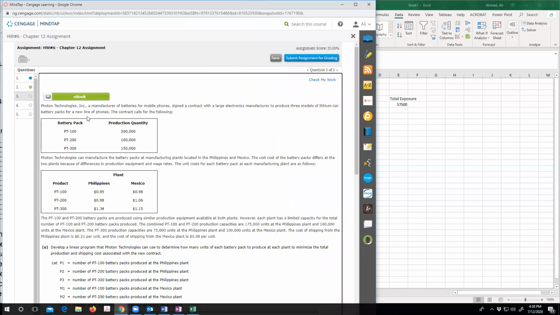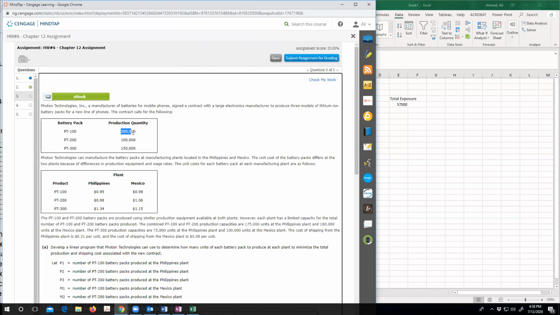So this company is trying to manufacture some batteries for mobile phones, and they want to sign a contract with a contractor. They have mainly three different battery packs: PT100, PT200, PT3.